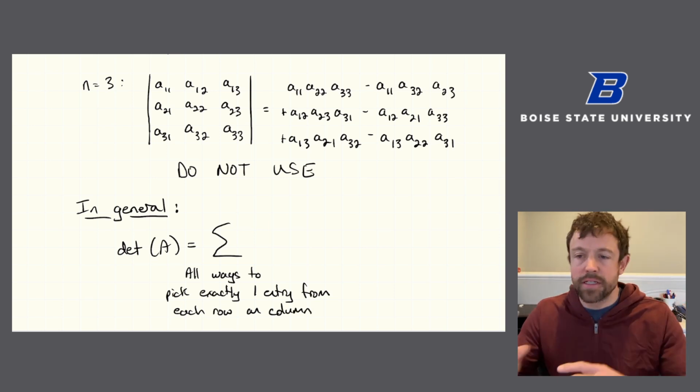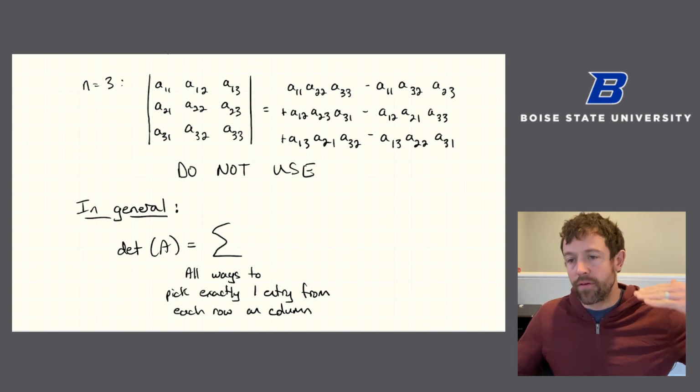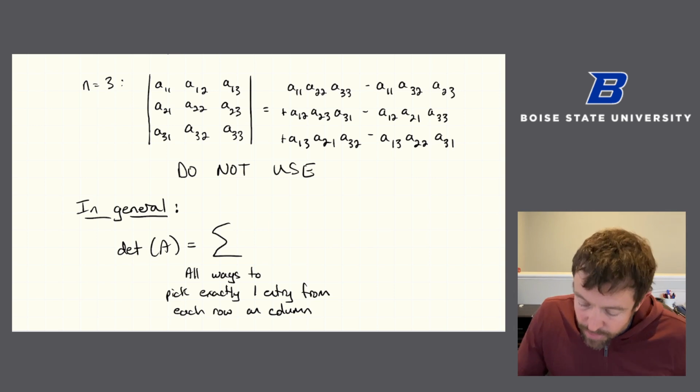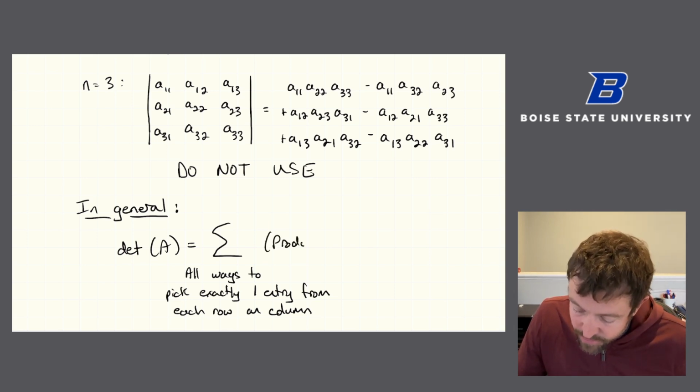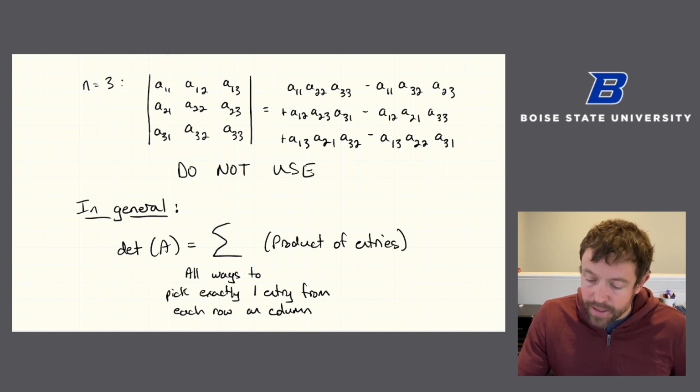So I have all these different ways I can pick one entry from each row and column. I have n factorial ways, right? I have n choices in the first row, and then I only have n minus 1 in the second row, and so forth. And what I'm going to do is multiply all the entries. And there's either not going to be a negative sign or there is.